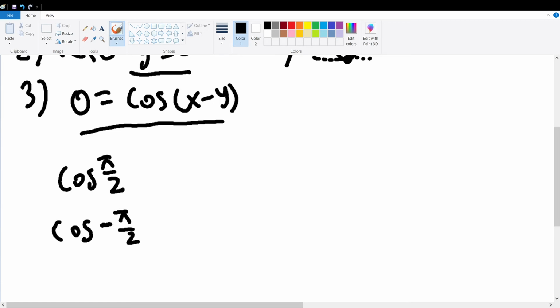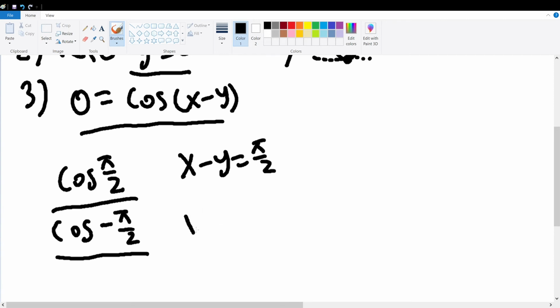But since we're taking it closest to the origin, these numbers are going to be the ones that are closest to the origin. So we have x minus y equals pi over 2 and x minus y equals negative pi over 2. So these are the coordinates we need to find.